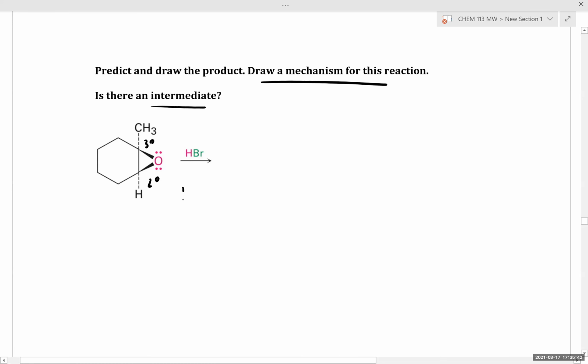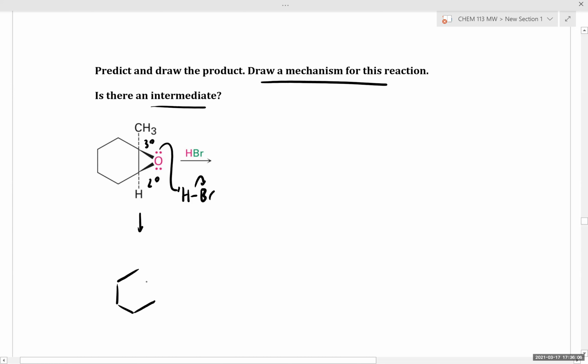So then, in order to activate our epoxide and prepare our epoxide for this reaction, what's the first step under acidic conditions? So we have this epoxide, it has some basic lone pairs. So what's the first step going to be? Yep, we'll protonate the epoxide.